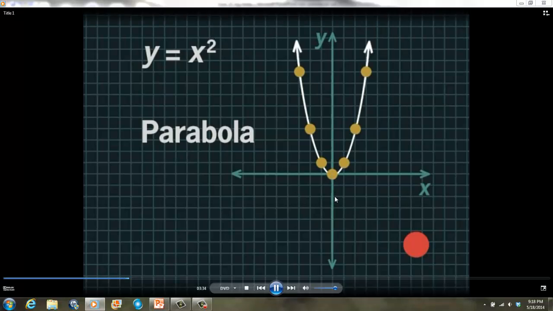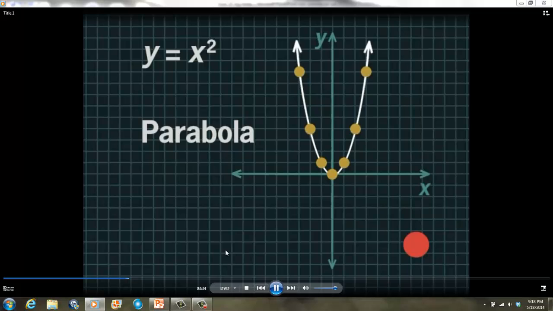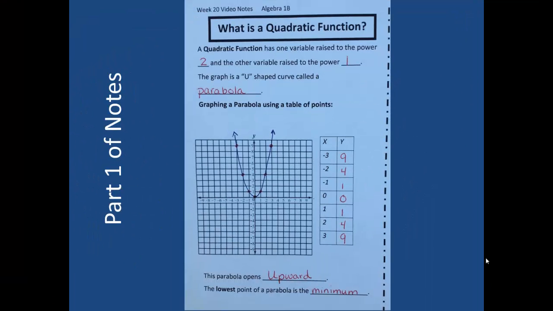Also notice that it is truly a U-shape and not a V, so be sure to connect the points using a nice smooth curve and not the straight lines of a V-shape. This is what the first part of your video notes should look like when completed. If needed, take a moment to pause and catch up.